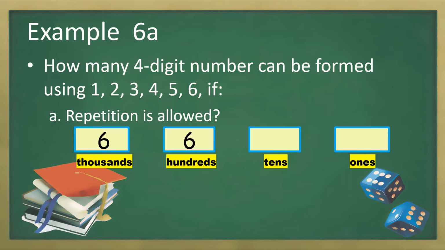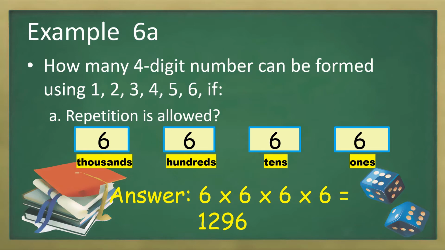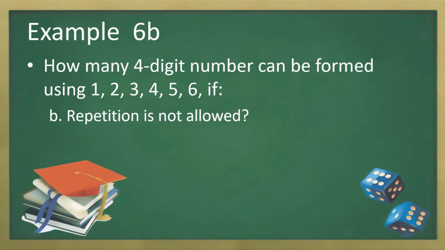Therefore, we will have 6 choices. Same thing will happen to your tens: we can have 6 choices, still 1, 2, 3, 4, 5, 6. Then for the ones, we can still use those 1, 2, 3, 4, 5, 6. So therefore, we will have 6 times 6 times 6 times 6, which is 1,296.